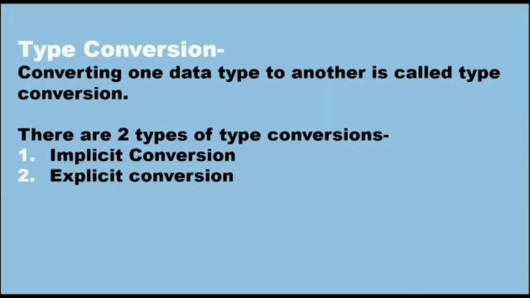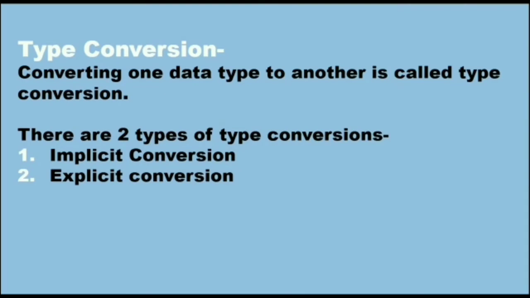Maybe some are integer type, some are float type, some are string type. The computer cannot evaluate an expression that contains different types of operands. Before it evaluates, it converts those operands to one particular type. So here is the need of converting the data type.